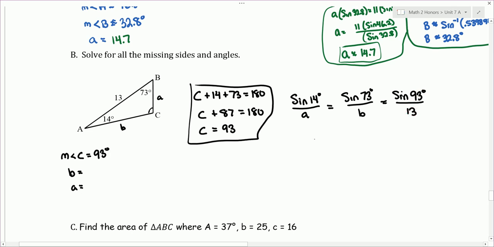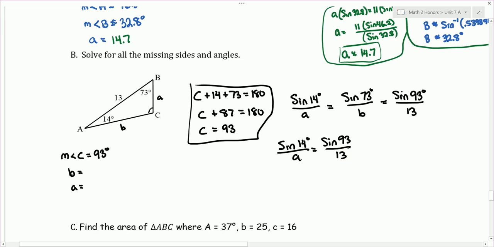And so we picked two that we want to work with. We don't need all three fractions. So I'm going to use the first and last. Sine of 14 over A is equal to sine of 93 degrees over 13, and that will help me solve for A. And then I'm going to use the last two to solve for B.